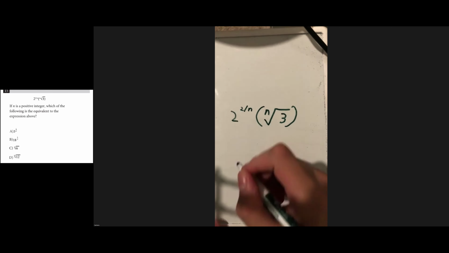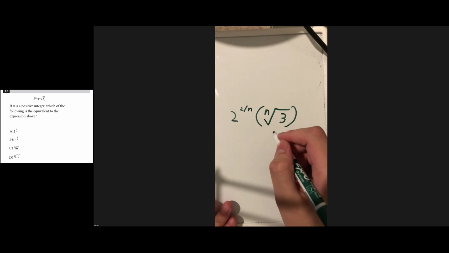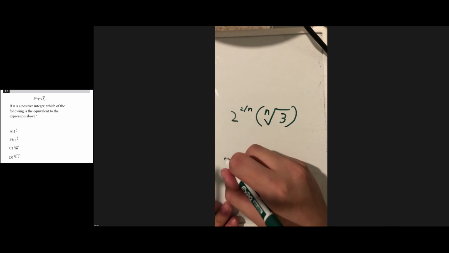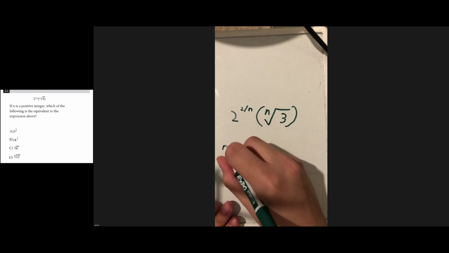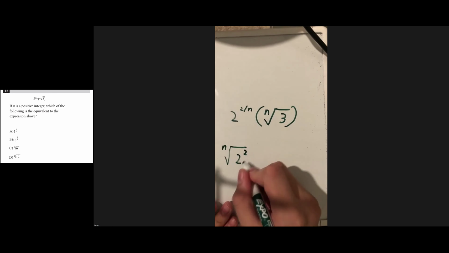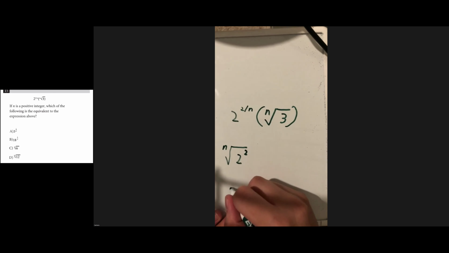Okay, so for this one, we just have to multiply the exponents properly. And so 2 to the power of 2 over n is the same thing as the nth root of 2 squared. This we can simplify, 2 squared as 4.